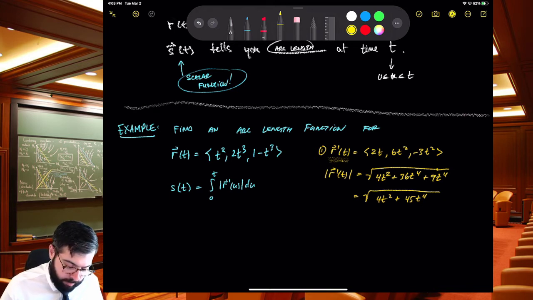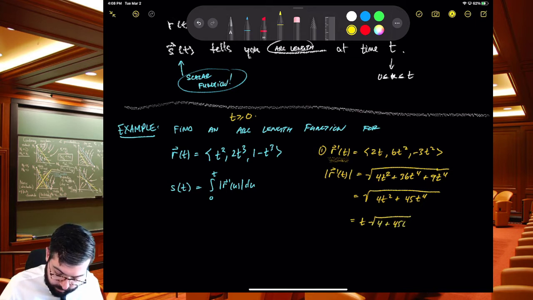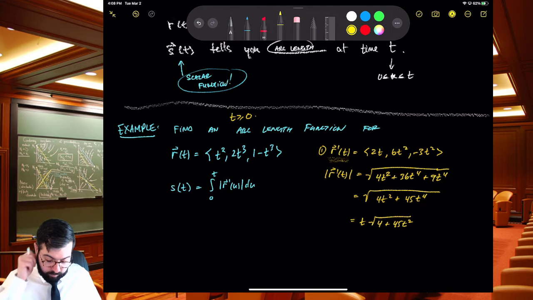And we are keeping t greater than or equal to 0, so I'm going to go ahead and pull a factor of t squared out. So we've got that.